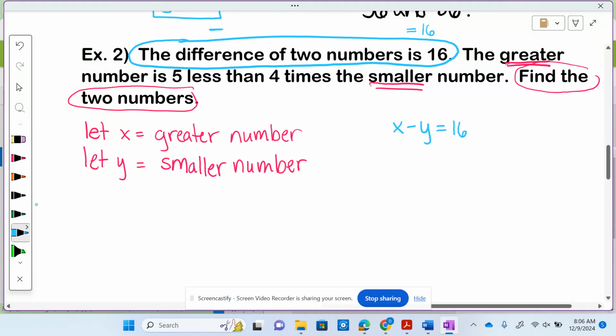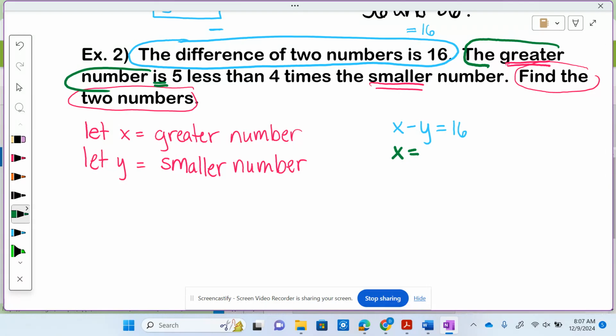Okay, the second statement is a little harder. It says the greater number is, so whatever variable represents the greater number is equal to, is means equal. So what variable is the greater number? X. So X is, means equal, 5 less than 4 times the smaller.